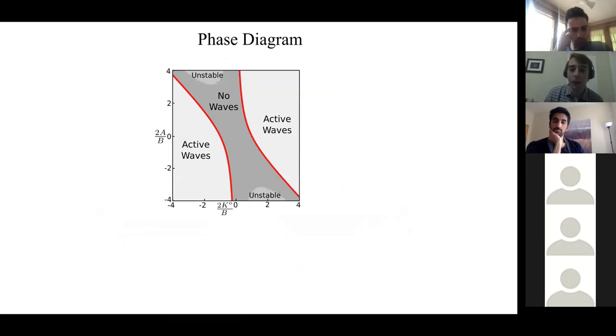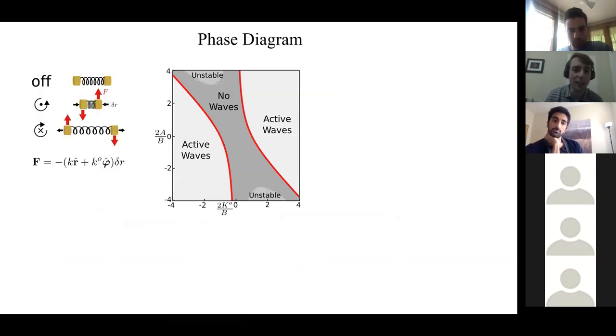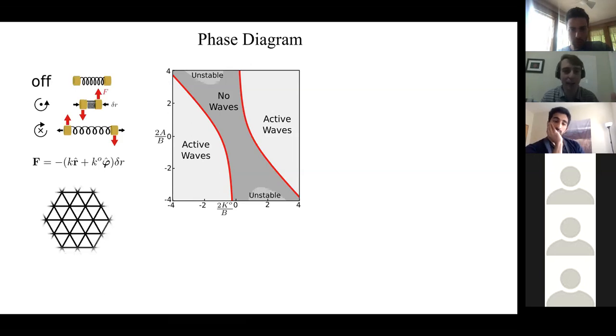And the thing I really want to emphasize today, though, is this notion of non-Hermiticity. So to kind of get into that a little bit, here's a little phase diagram. If you were to have these two moduli, K naught and A, just normalized by B. And for concreteness, let's consider putting these springs on a triangular lattice. In principle, you could have whatever microscopic realization that you want, but let's be concrete.